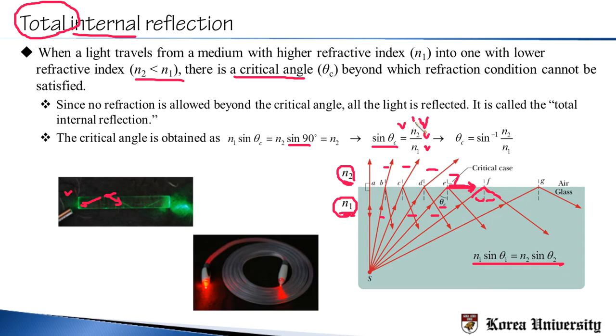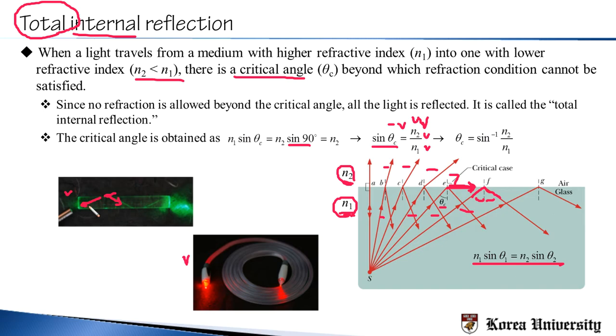But if N2 is smaller, then at a certain critical angle, total internal reflection can start to occur. So if the incident angle is larger than this critical angle, all the light rays will be reflected back into the original medium. Okay, and this phenomenon is very useful for long distance optical cable telecommunication.